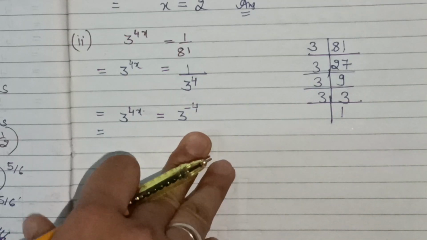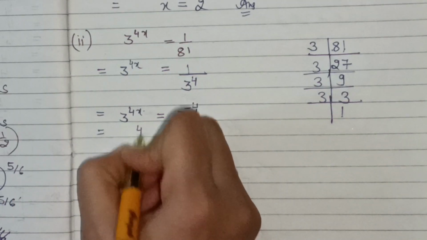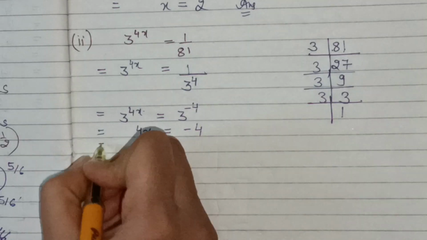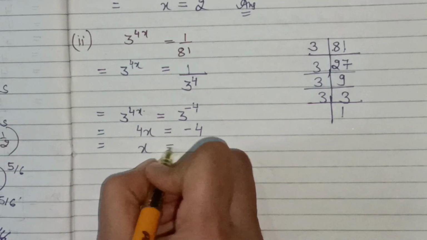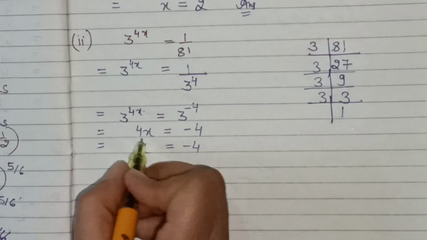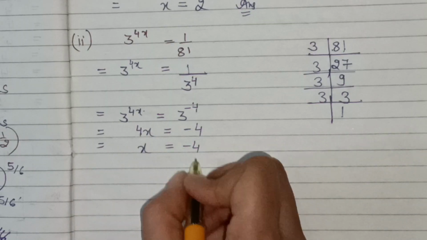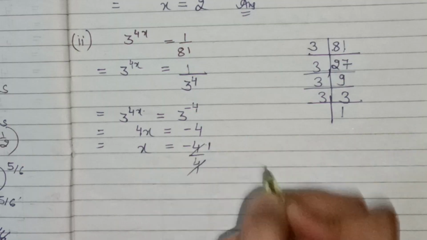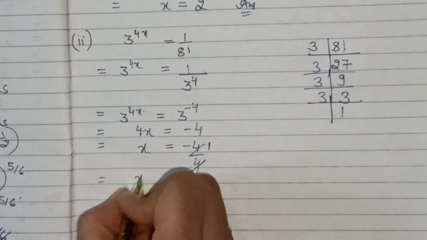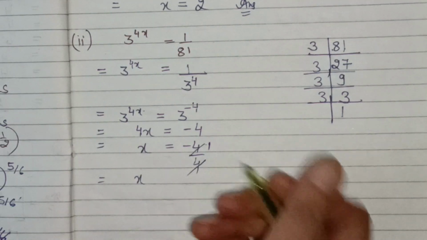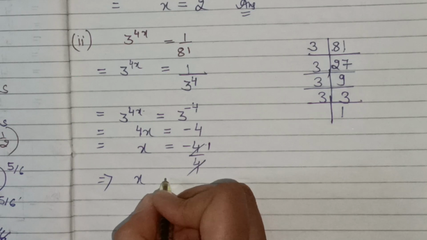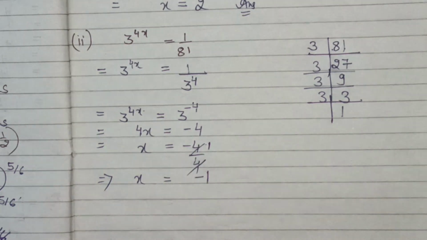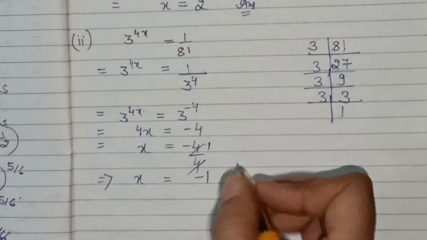So 4x is equal to minus 4, and x is equal to minus 4 in the numerator and 4 in the denominator. 4 ones are 4, with the minus sign, x is equal to minus 1. This is our answer of this question.